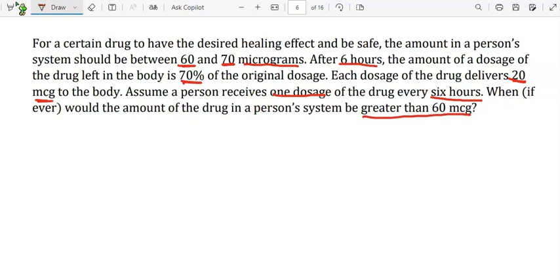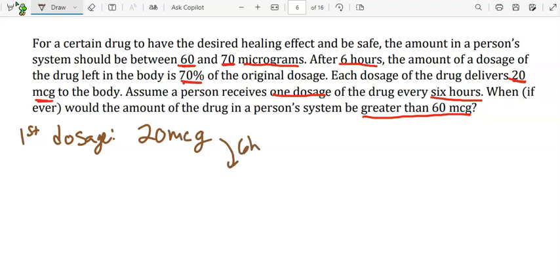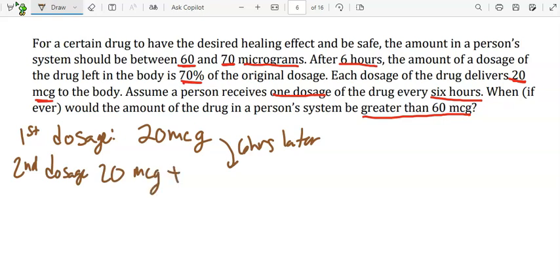We write this out for each dosage. Let's see if we can find a pattern. We have 20 micrograms. Okay, 6 hours later would be the second dosage. We have 20 micrograms and then plus the existing, which would be 70% of what was already in there.